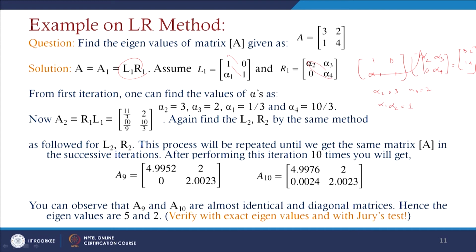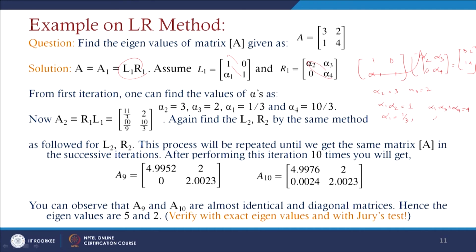Since alpha 2 is known as 3, alpha 1 equals 1 by 3. Similarly, if you take the product of these two here, we have alpha 1 alpha 3 plus alpha 4, which is nothing but 4 here.